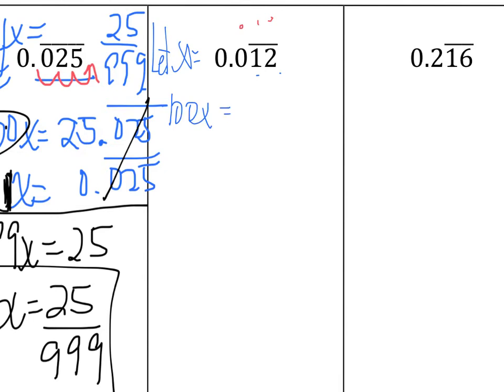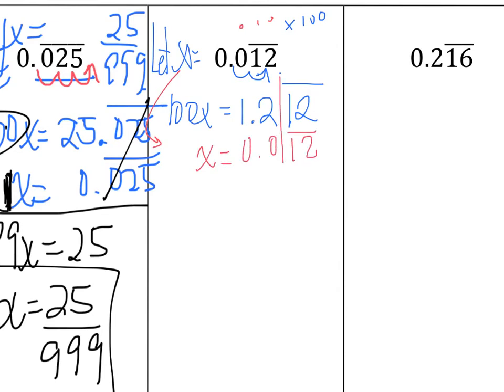Whatever I did to one side of the equation, I also need to multiply by 100 to this side of the equation. So shift the decimal 2 times to the right. Okay, and then I will continue to write 1, 2 repeating. And I'm going to take this down to get x equal to 0.012. And as you can see, my repeating bar lines up.